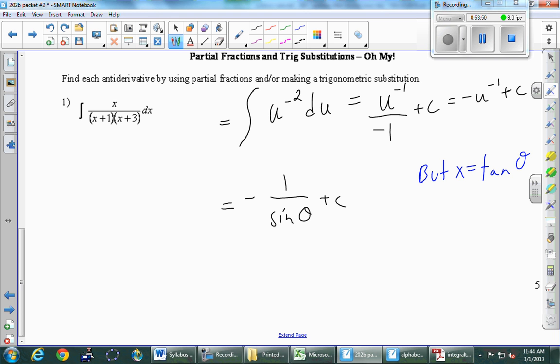So then solving this for theta, I'm going to get arctan of x is equal to theta, right? And so then over here, again, you can write it, but this is not what I'll be expecting as a final answer. Plus C. Instead of theta, what did we say? Arctan x.